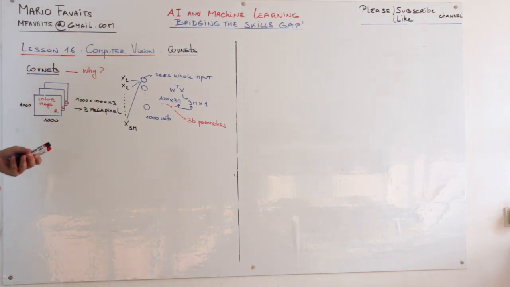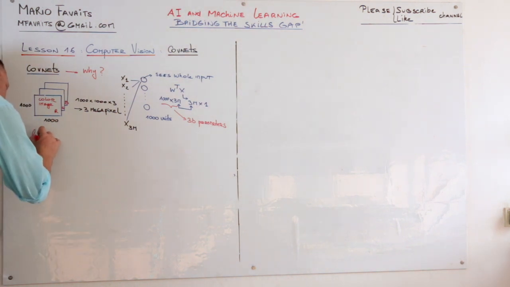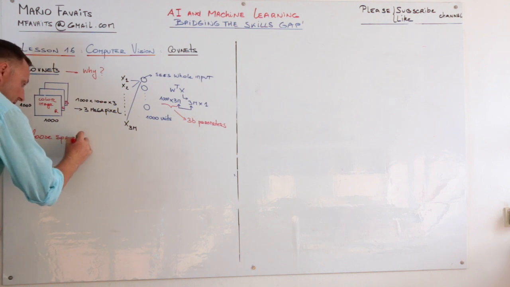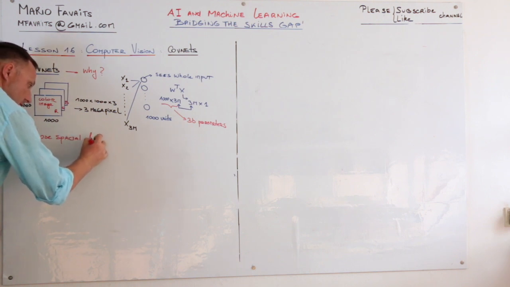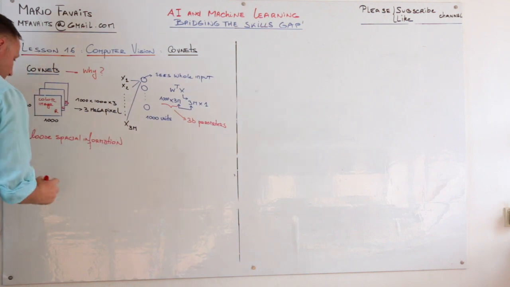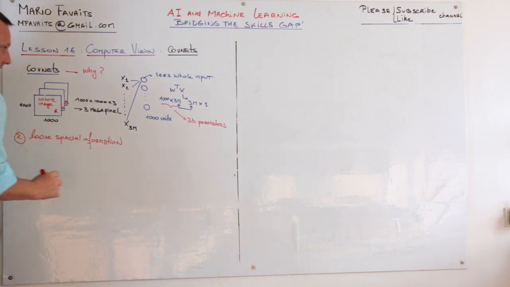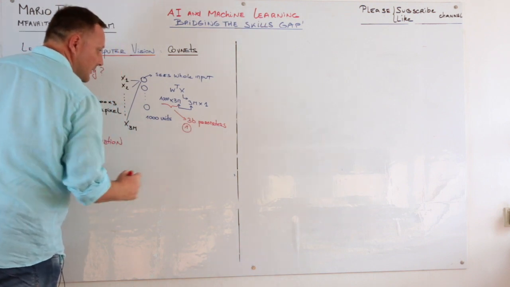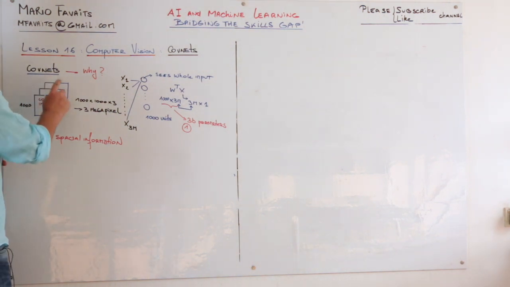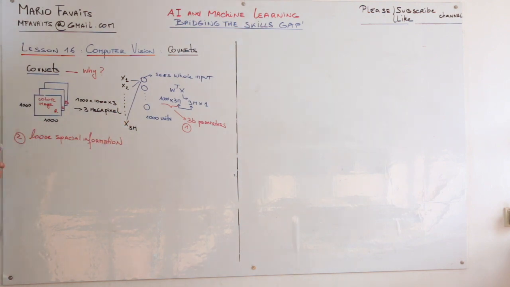And if you make a one-dimensional vector, you lose your spatial information. So this is a second issue. So first issue is way too many parameters, and second issue is you lose your spatial information. And Covnets basically solve these two issues.